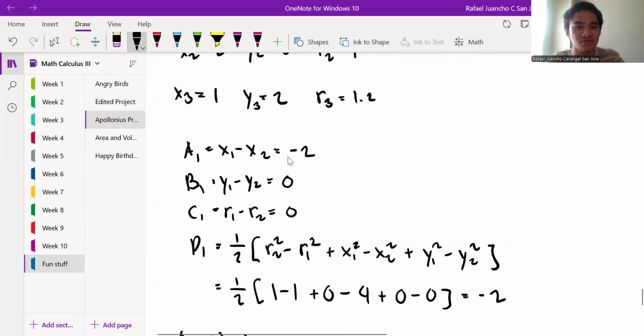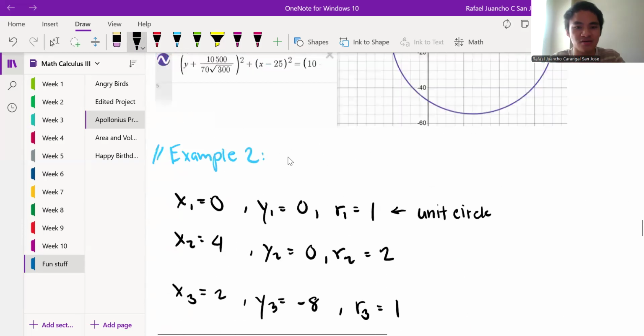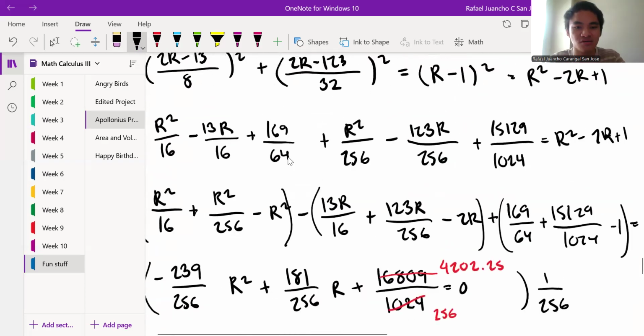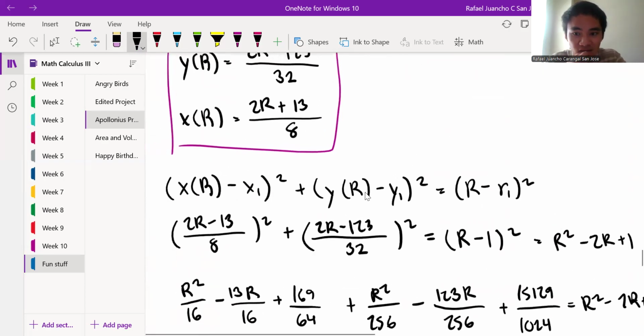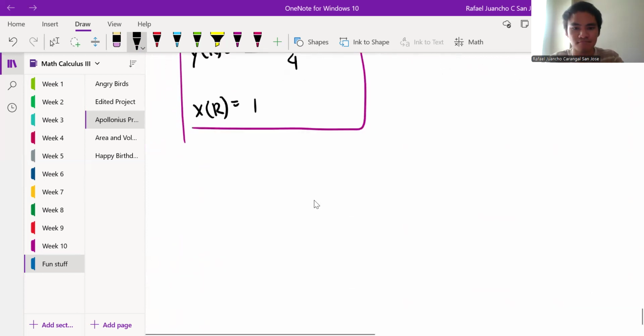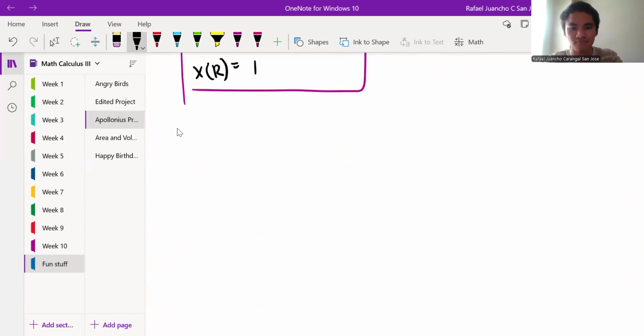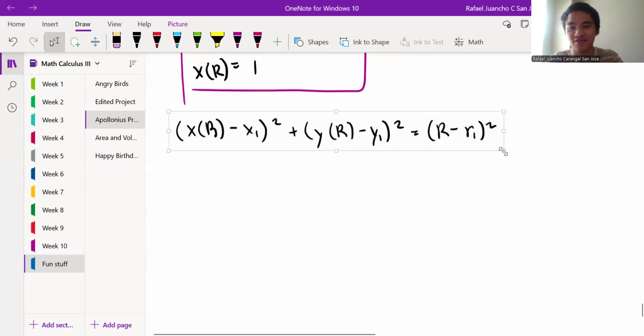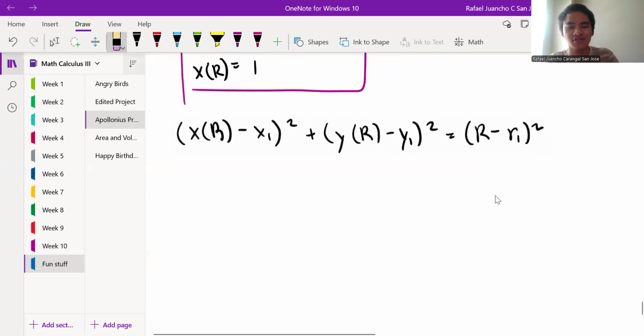Now let's plug them in to my R. Let me do this formula. Yeah, that was the catch though. It should be that their radiuses are equal and my R is greater than 0.